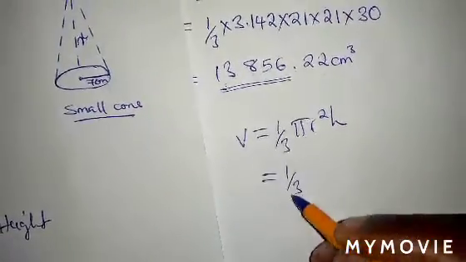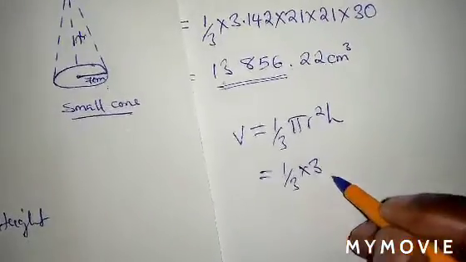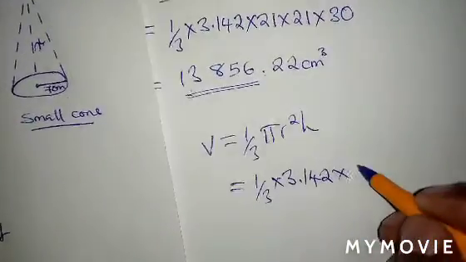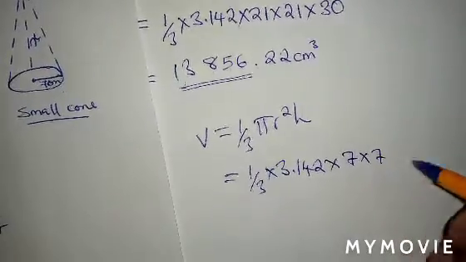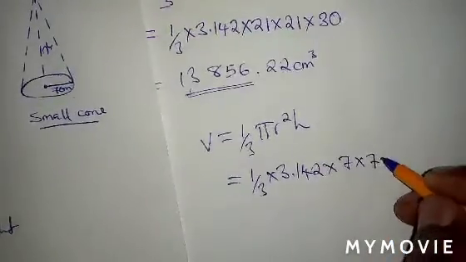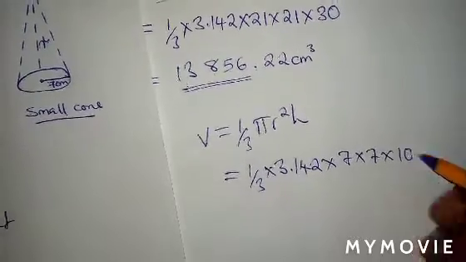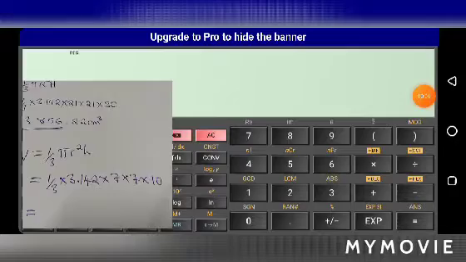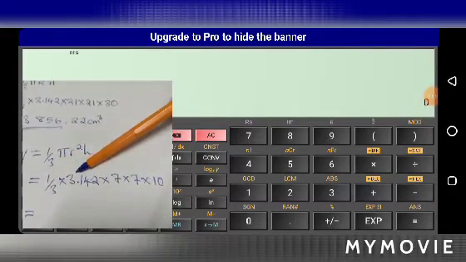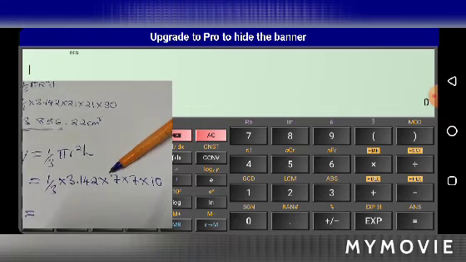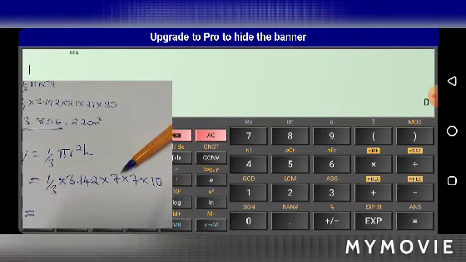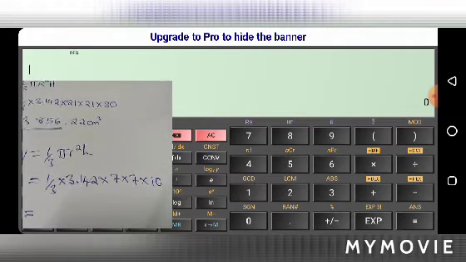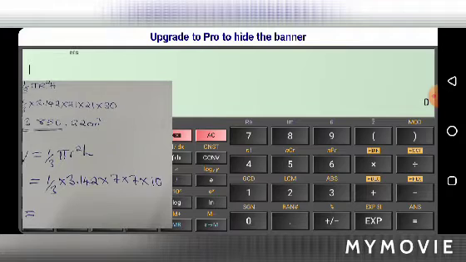Therefore, we'll say 1/3 times pi, which was given as 3.142, times the radius of the small cone, 7 times 7 for r squared, times the height, which is 10. Let's punch that on the calculator and see what we get as the volume.